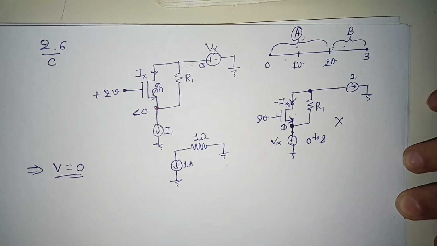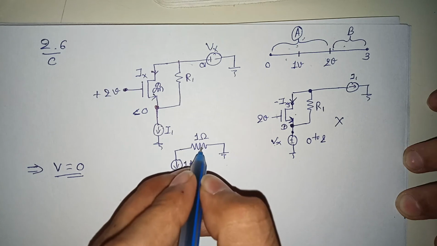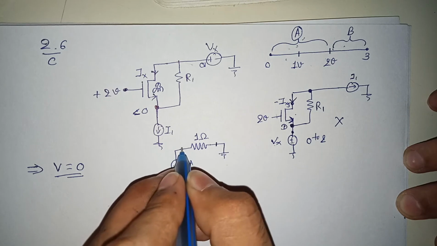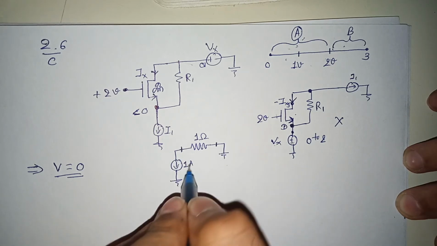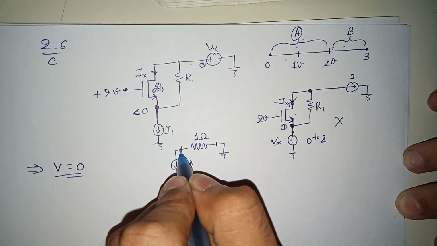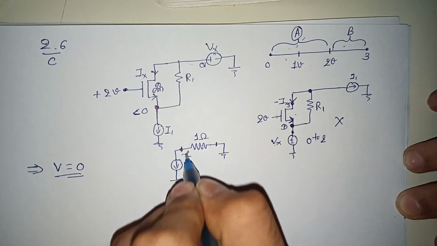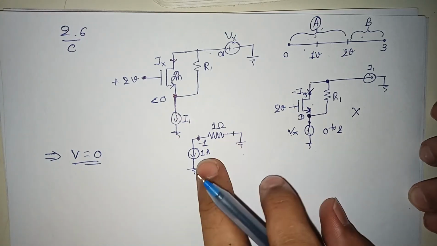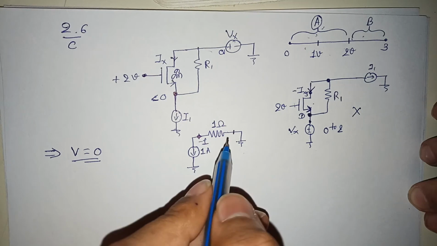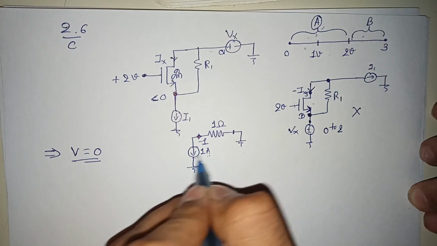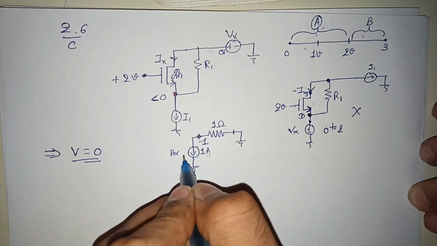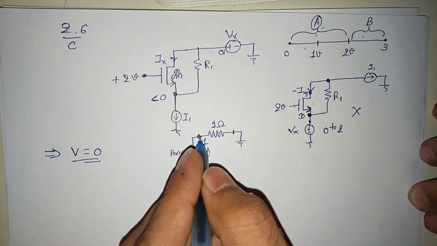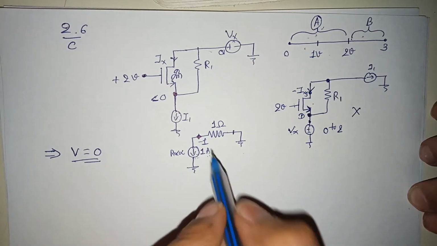How will this resistance support this current? This terminal is fixed at 0 volt. This current source will make this terminal minus 1 volt, such that it can support 1 ampere current. So now you get the drill, how this potential will go down. This is an ideal current source, the resistance will be infinite, so this potential can go anywhere just to support this current.